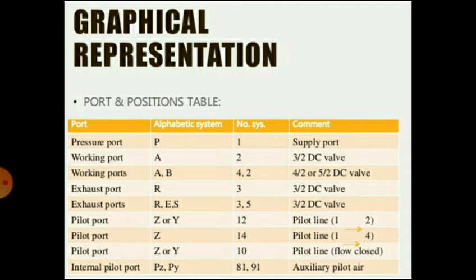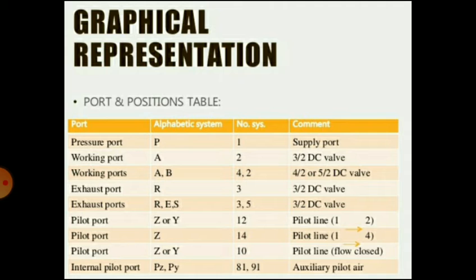In the alphabetic system, the letter used is P, and number 1 is used to indicate the pressure port, that is the supply port. Then for the working port, A or number 2 is used to indicate the working port.